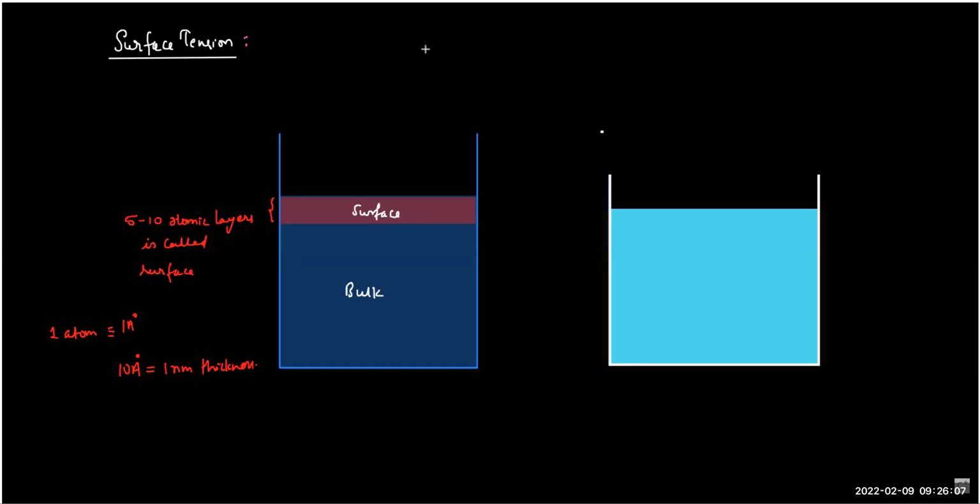Let me change the surface. So imagine a molecule inside the bulk. Just imagine any molecule. I'm just picking any random molecule.